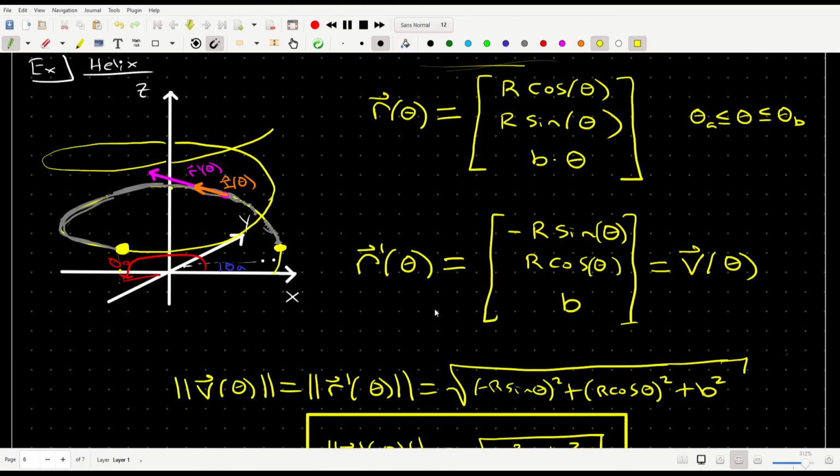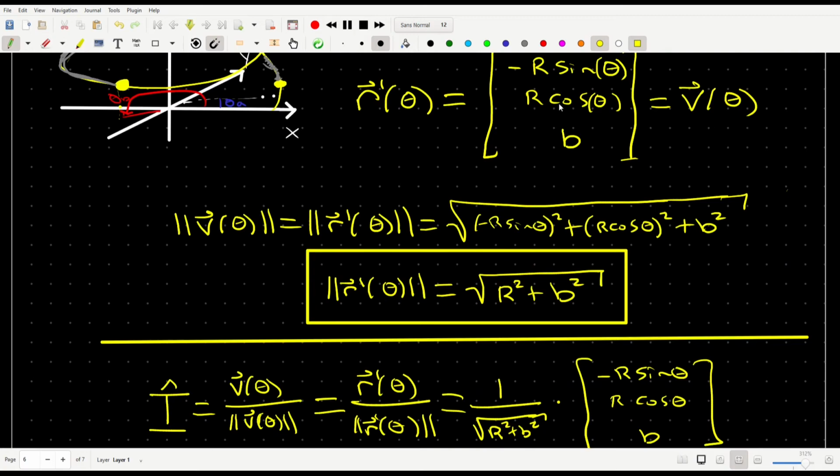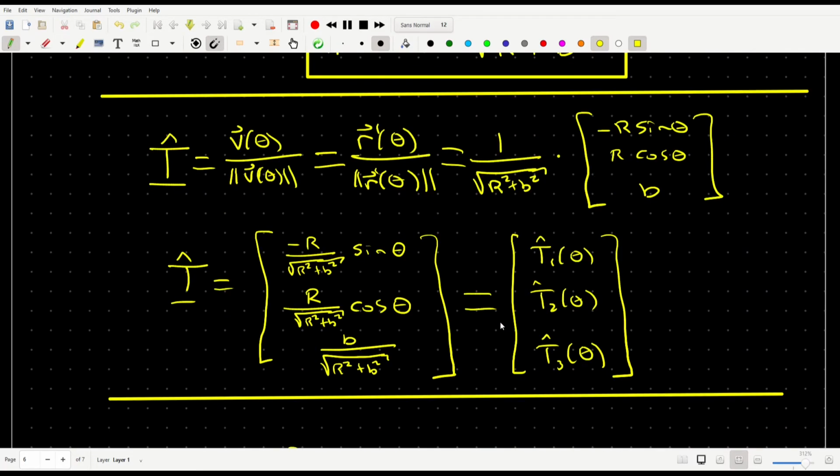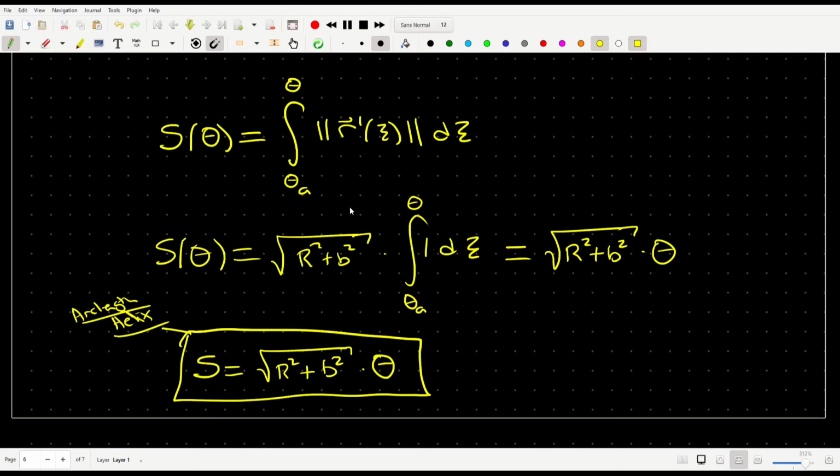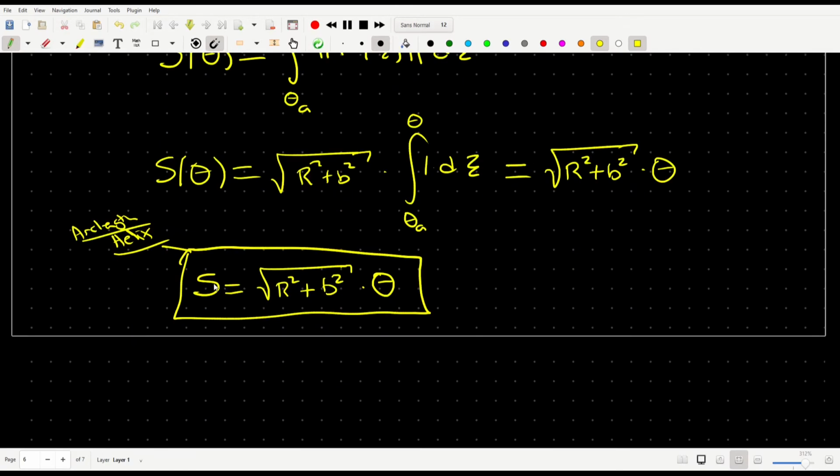The velocity vector is not constant. It has a changing direction as you move around the helix, which is given by this. But when you get the magnitude of this, it ends up being constant. It just depends on the parameters that define the helix. I showed how to find the unit tangent vector as well. And then lastly, I found the arc length and how that relates to the parameter theta when the helix is parameterized by the angle.